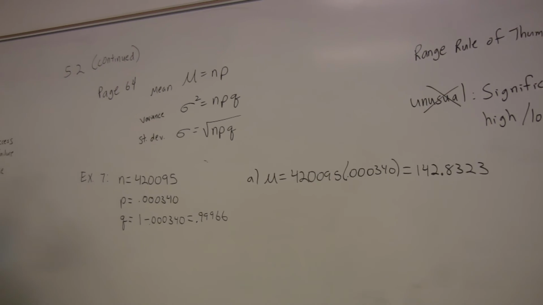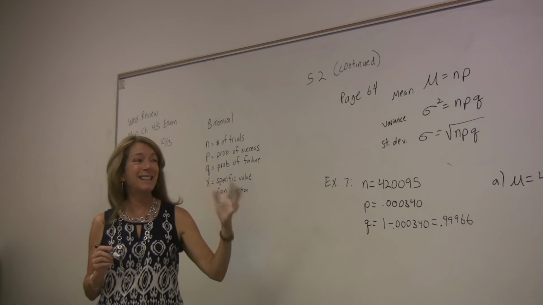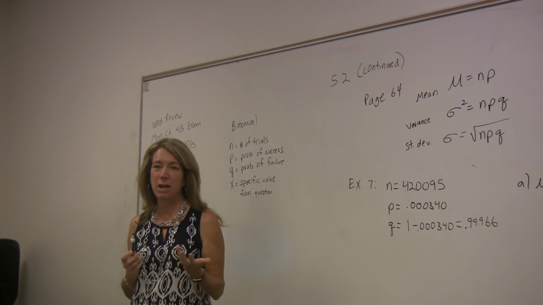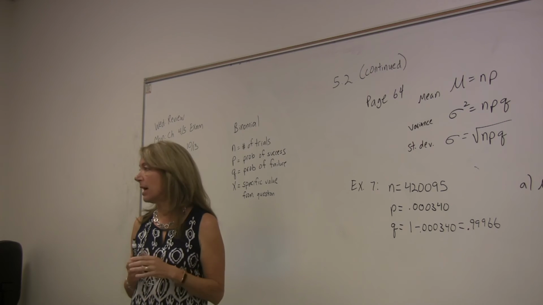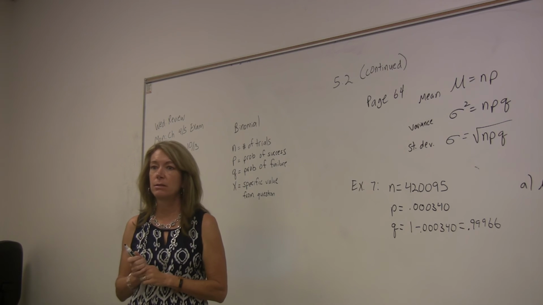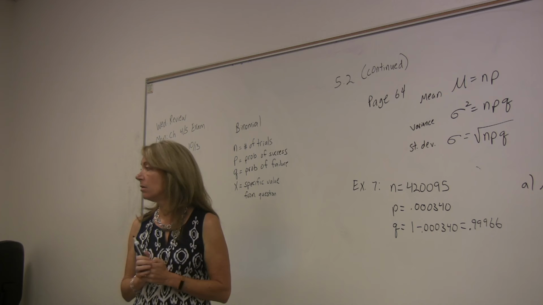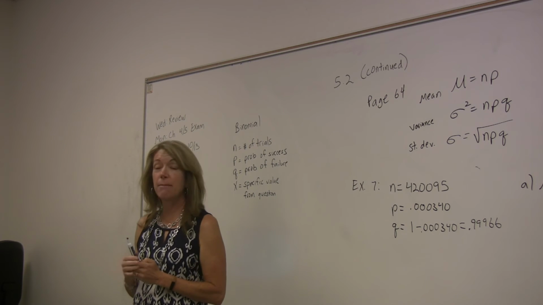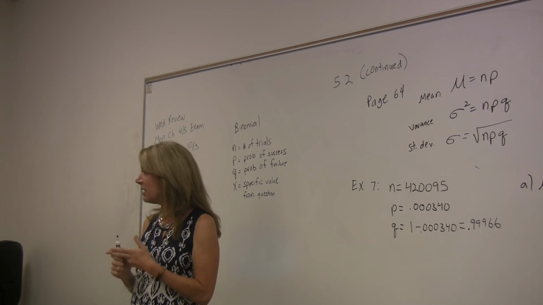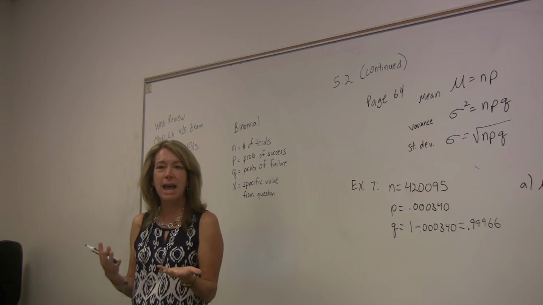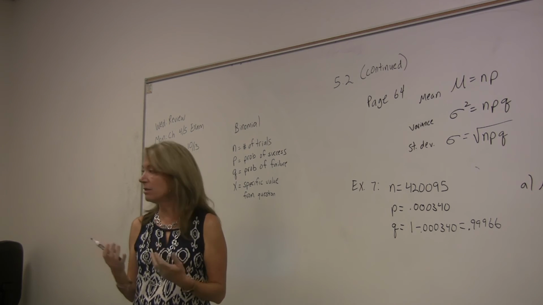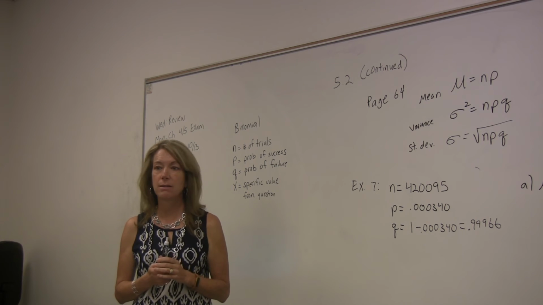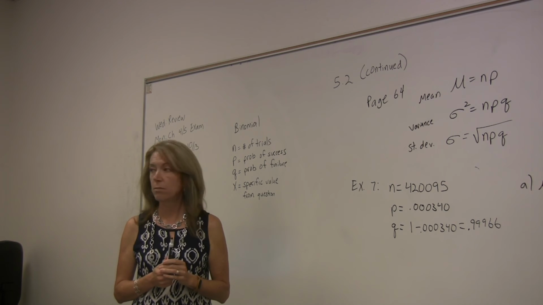Yeah? Get some nods? So we would expect that out of 420,000 people, about 143 of them might end up with this kind of cancer. The mean is another name for the average, the expected value, so we would expect that many to have it. Kind of like we would expect half the coins to be tails. That's the mean.